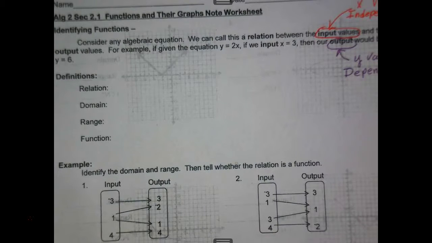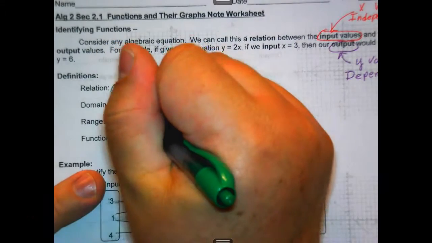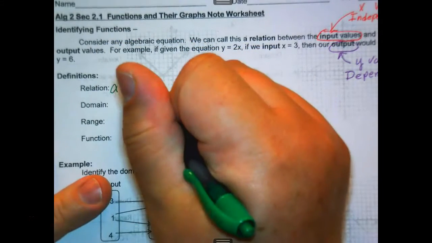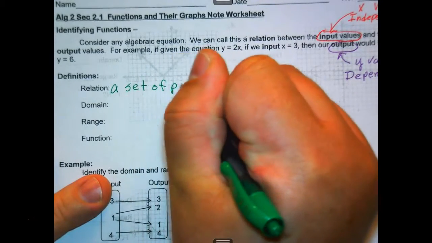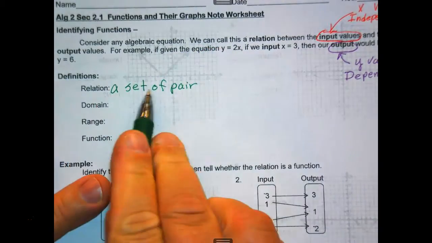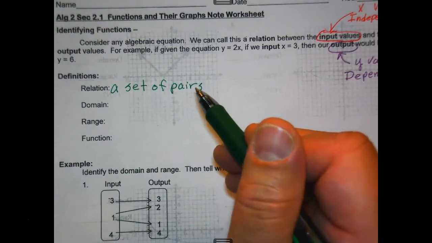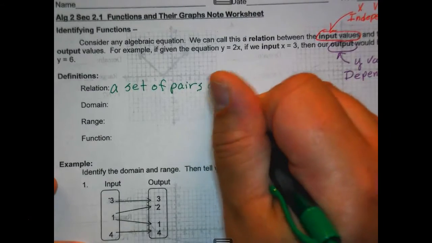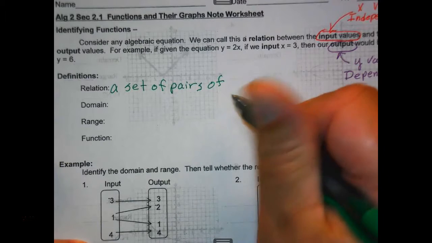Does anybody know the definition of a relation? A relationship. Just mathematically, it's a set of pairs. See, get it? Relation, set of pairs. Two people, right? But in math, it's not pairs of people.